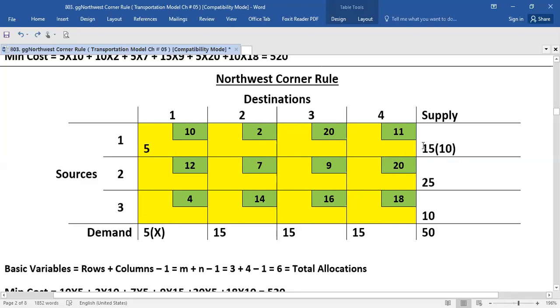From the supply point of view, you have delivered 5 units to this cell and you have 10 units remaining. In the next step, when there is a cross sign in a column or row, in my previous method you put cross signs in the blank cells.